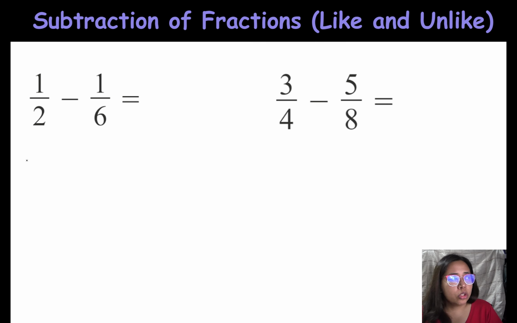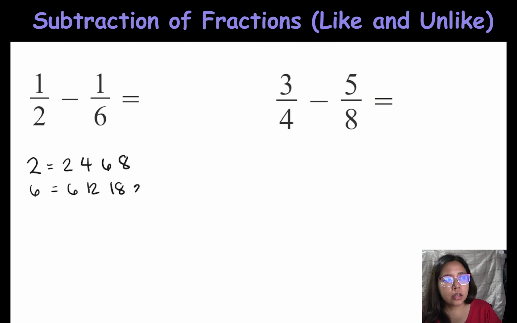So we have 2, 4, 6, 8. And then yung sa ating 6, na denominator, we have 6, 12, 18, and 24. Okay. So, nag-stop na tayo dito kasi meron na tayong nakikita na common sa multiples ng ating dalawang denominator. So, in this case, that is 6.